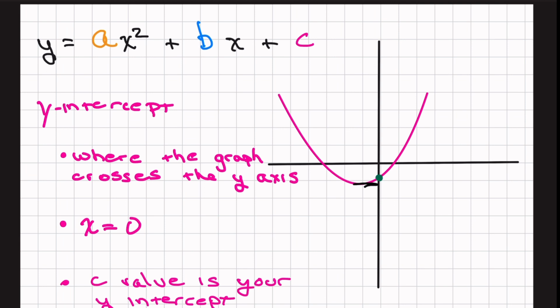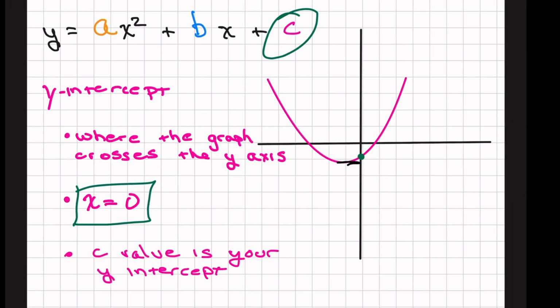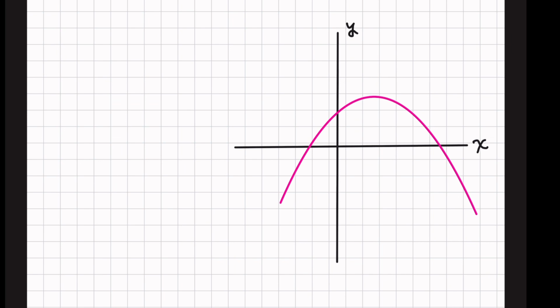And the very last thing that we'll say about the y-intercept in this video is that it's equal to the c value in your quadratic equation. What that means is that since x is always 0 at the y-intercept, your y-intercept will just be 0, comma, c. Every single time.